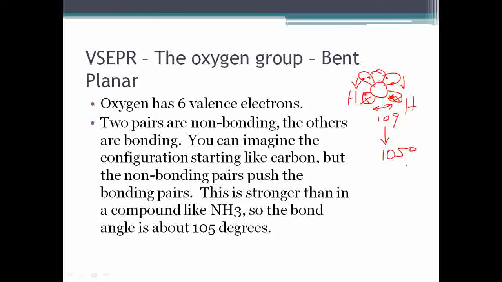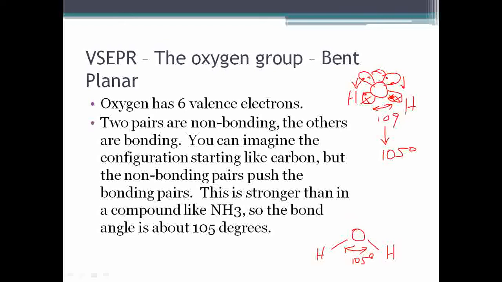So if you think about the structure of oxygen compounds, they're kind of like boomerangs, like that. And there's our bond angle there of 105.